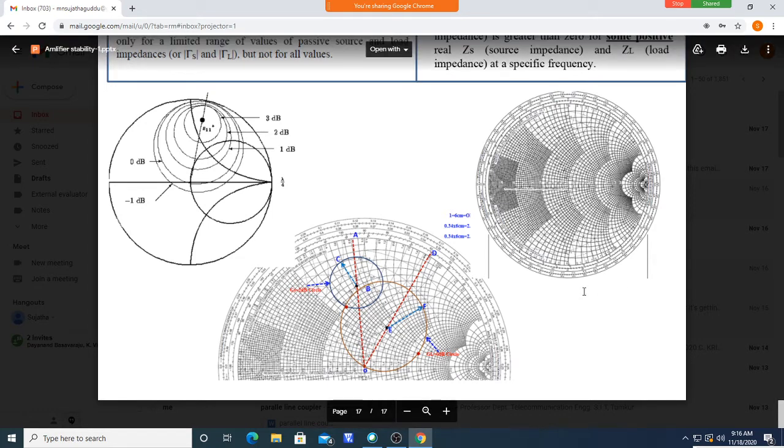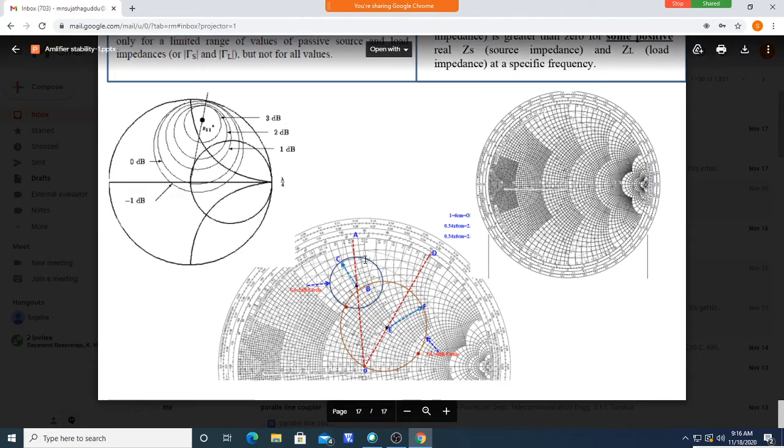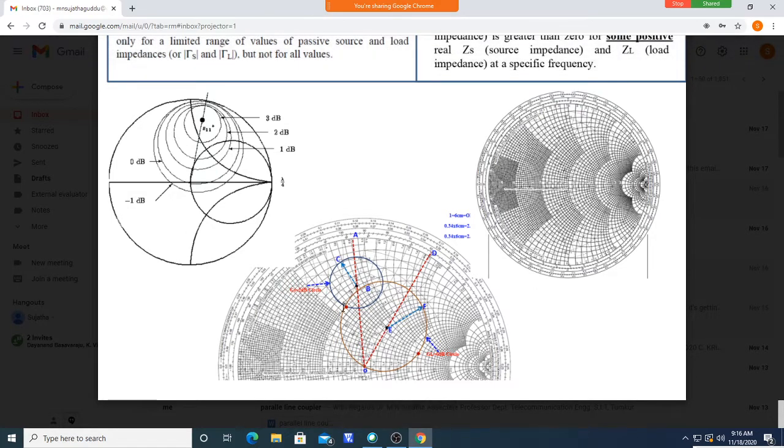Okay, so you do the check. Once the amplifier is unconditionally stable, no need to worry about what value you have to take over the circle, because any value you take gives the stable operation only, with Γin and Γout lesser than 1.